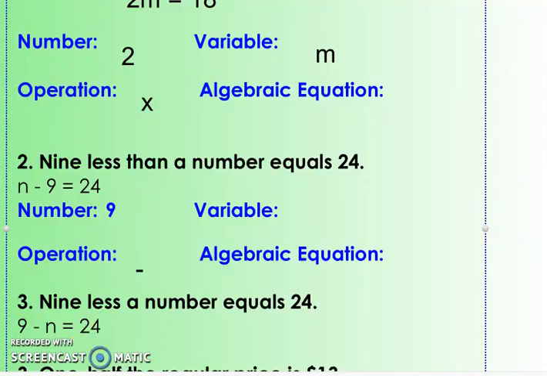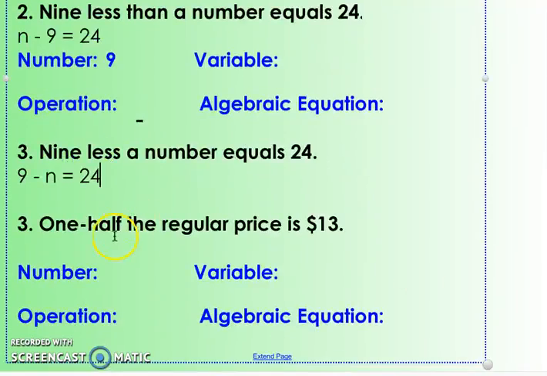Okay, how do you take a half? 1/2 of the regular price, and I guess this is now number 4. 1/2 the regular price. How do you take a half of something? Yes, you divide by 2. So we actually have division and we're dividing by 2. Well, if we don't know what the regular price is, I'm going to put P for price.